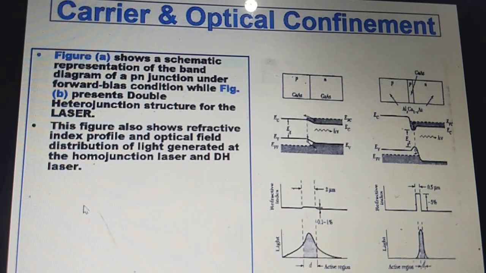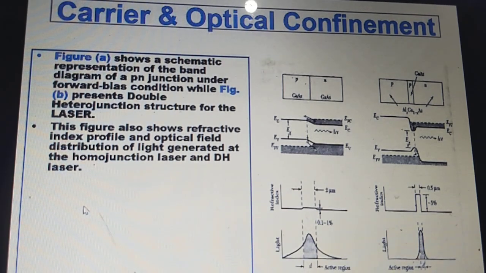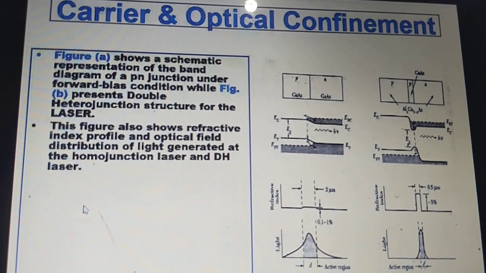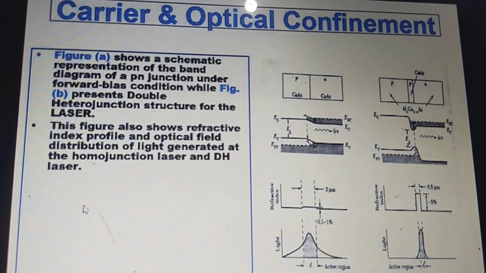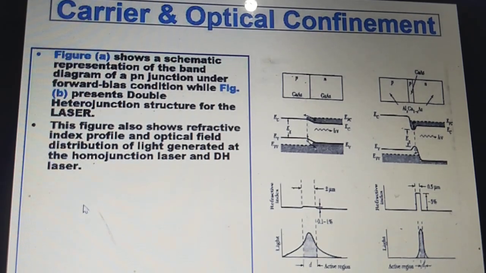So when light generates here, what is the scenario with respect to the refractive index, and what is the scenario for light control?